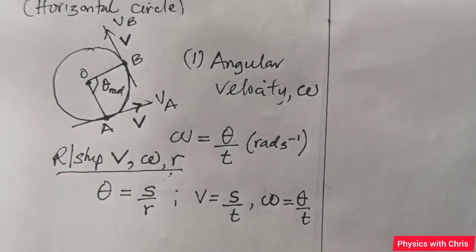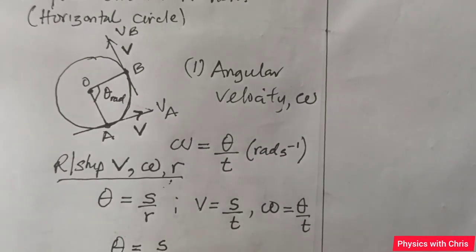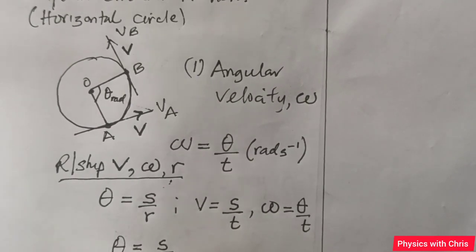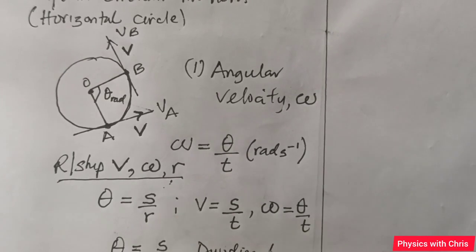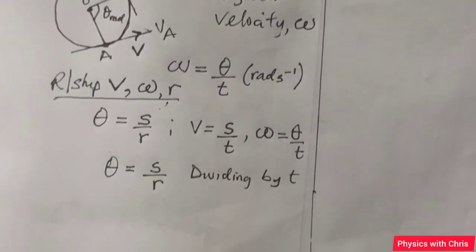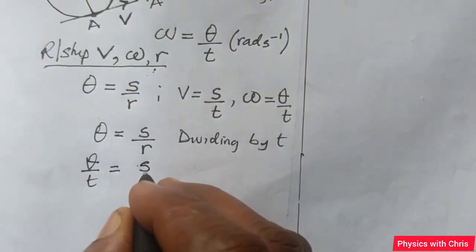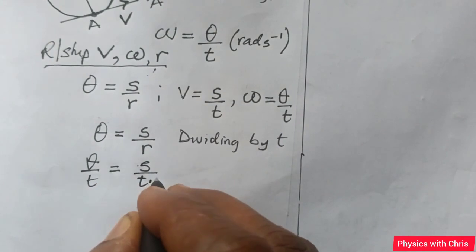Okay, I'll start with equation 1, that is theta equals arc length s over radius r, and then dividing this equation 1 by time t, I'm going to have theta over t equals s over t multiplied by 1 over r.